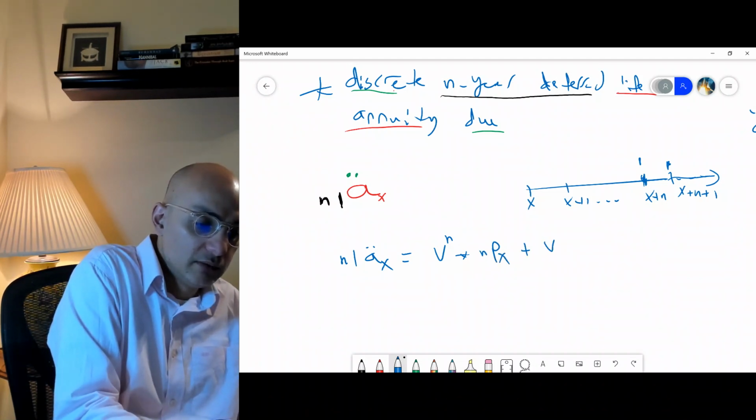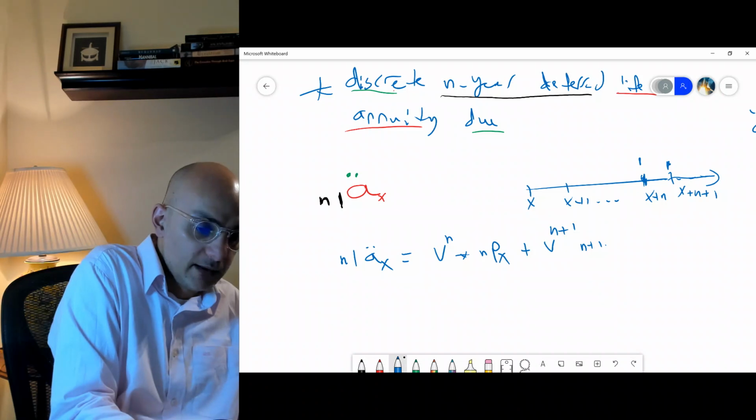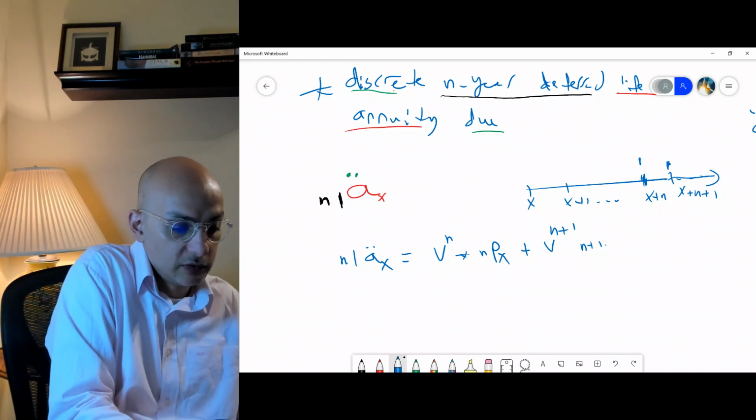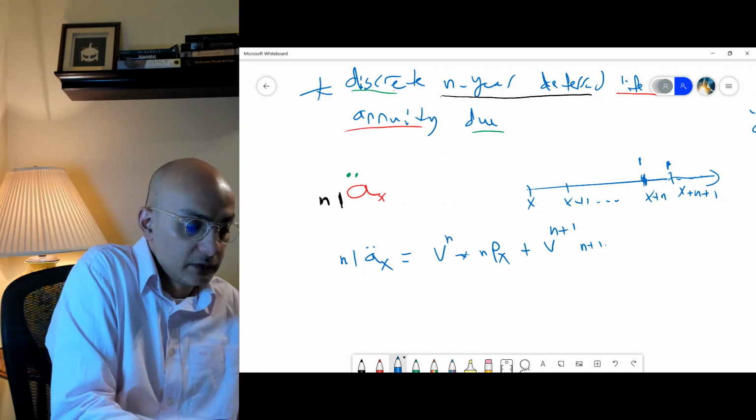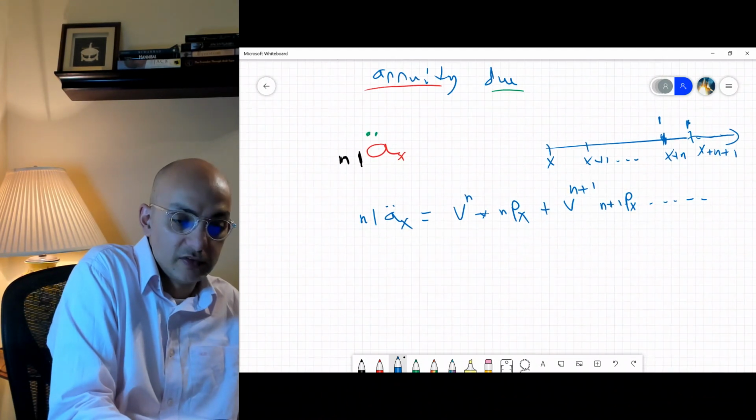Then v^(n+1), and to get this one you need to survive it, n+1 px, and then n+2 px, you keep going.